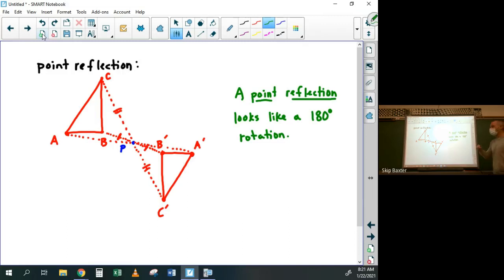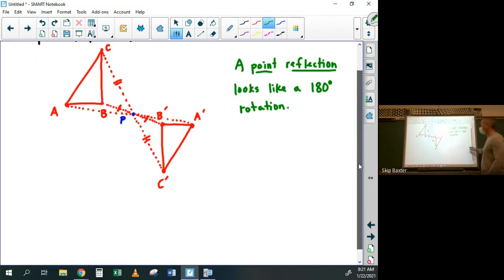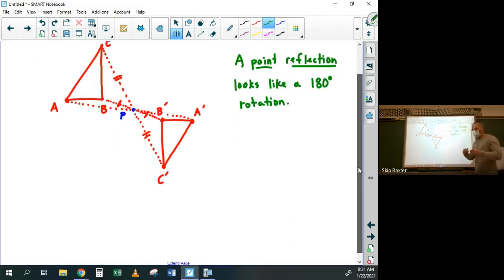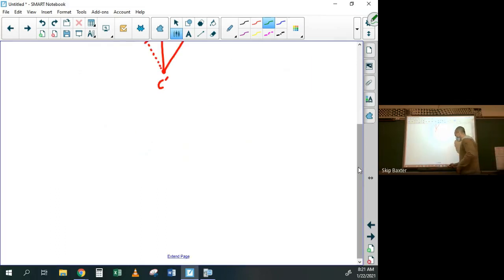But all we're going to be doing right now is reflecting a point through a point. So it's not going to look like a rotation when you just have one point. Obviously, it just looks like it's moving, but it's actually kind of like a rotation.